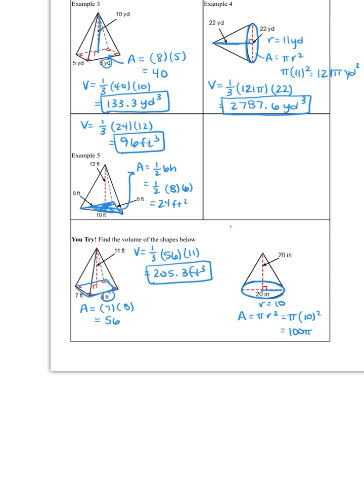And then to find the volume, we're going to do 1/3 of 100 pi times our height, which is 20. So 100 pi times 20 divided by 3 is going to give us 2,094.4 inches cubed. Okay? All right.